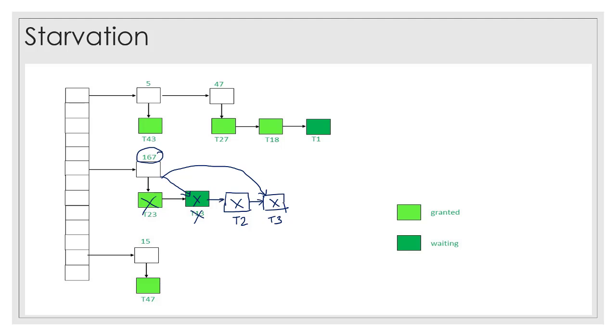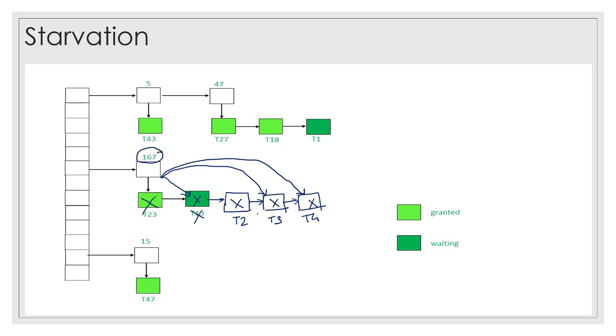In the meanwhile, another transaction, suppose transaction T4, is requesting an exclusive lock on data item 167. After transaction T3, the concurrency controller will grant the lock to transaction T4 for data item 167. Once again, T2 is not served.